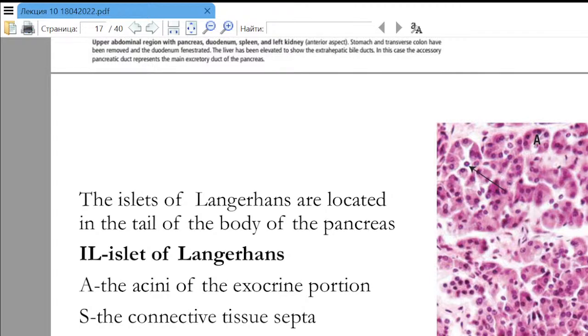The islets of Langerhans consist of two types of cells, endocrine and other.